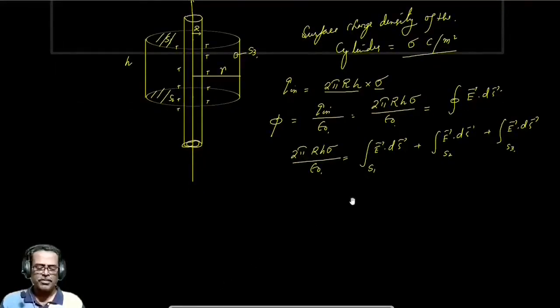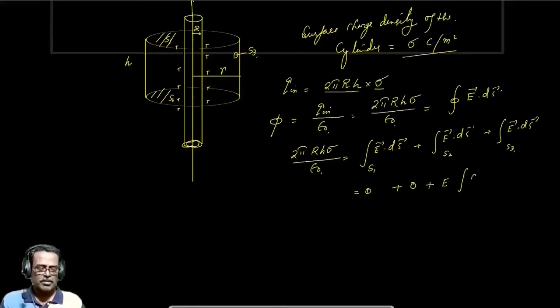Since the direction of the field is radially outward, as we take positive charge, E dot ds of surface 1 is 0 because the direction of the surface is perpendicular to the direction of the field, and this is also 0 because the direction of the surface is perpendicular to the field, that is 90 degrees. For the curved surface, the field is perpendicular to the surface, that is, the direction of the field and the direction of the surface are parallel, making a 0 degree angle.